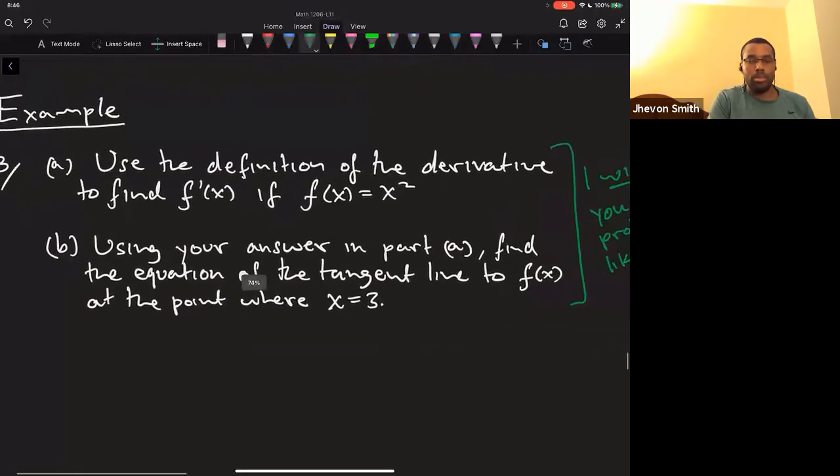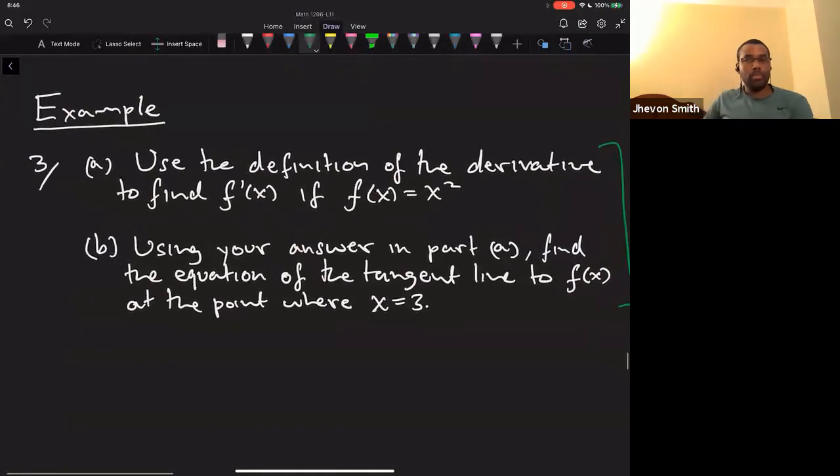Okay, so pay attention to that. So we did all that mumbo jumbo just to get to this point where we could compute this limit that is called a derivative, and it gives us the slope of the tangent line.